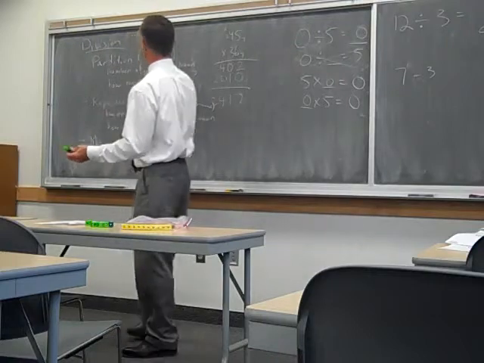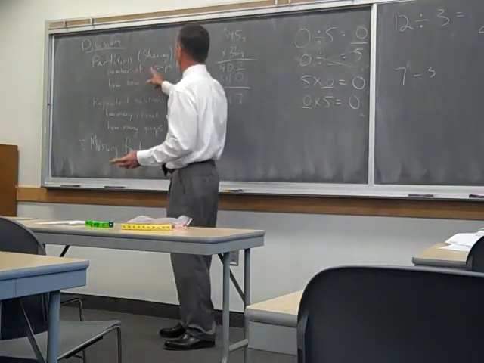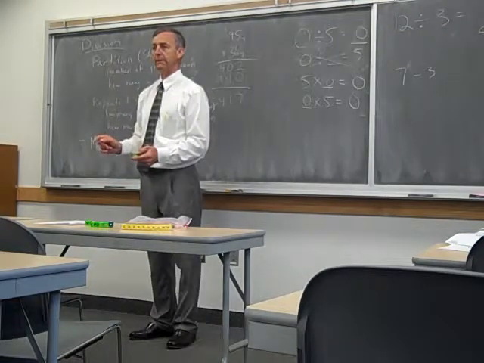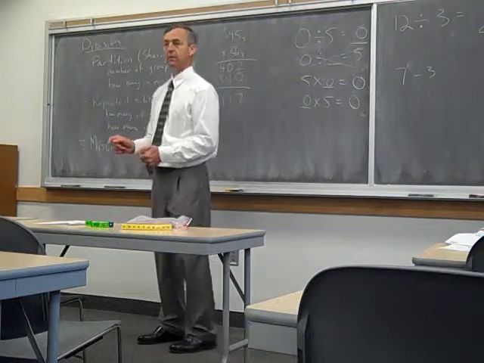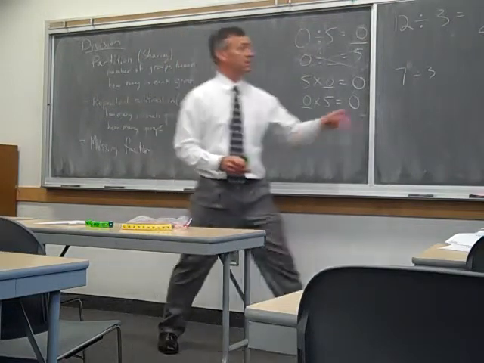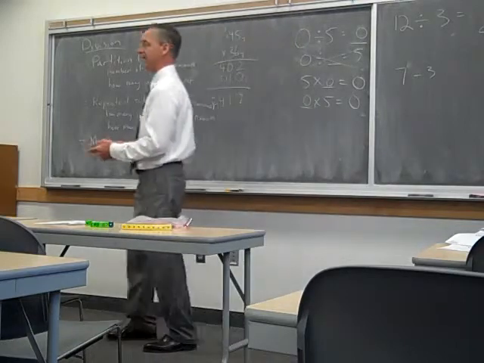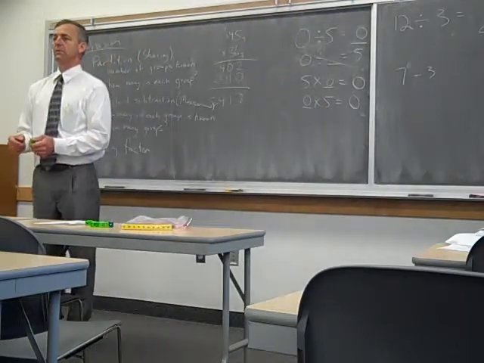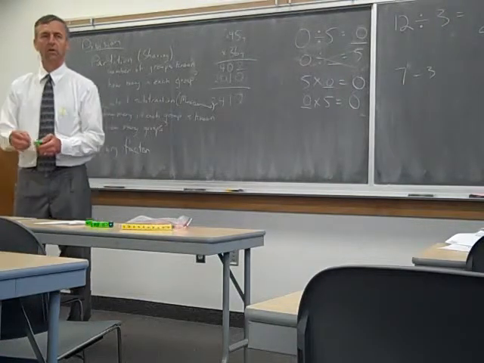Let's start with partition. I start with 5. I know the number of groups. How many groups? 0 groups. There aren't any groups, right? So I go to share, but there aren't any groups to share with, which makes it undefined.